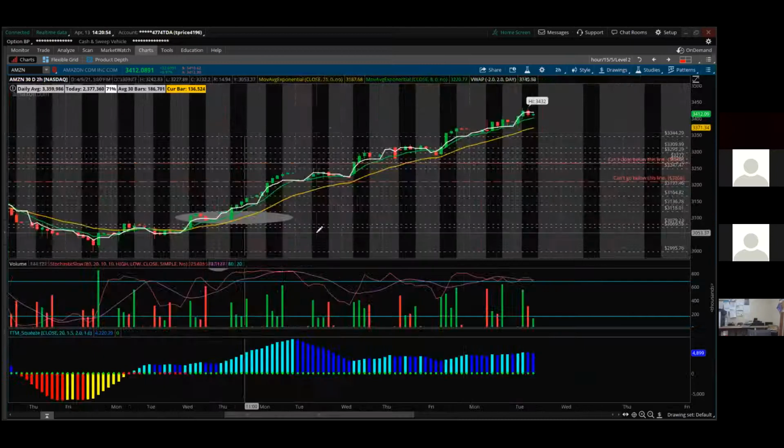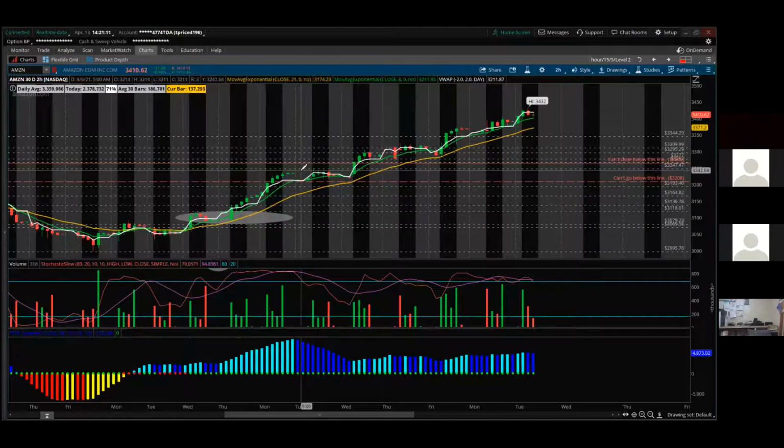So if you used all these indicators to help with your confirmations and confluences, you would have eaten ridiculously heavy off Amazon over the last basically 2 weeks. It just went rampant recently.